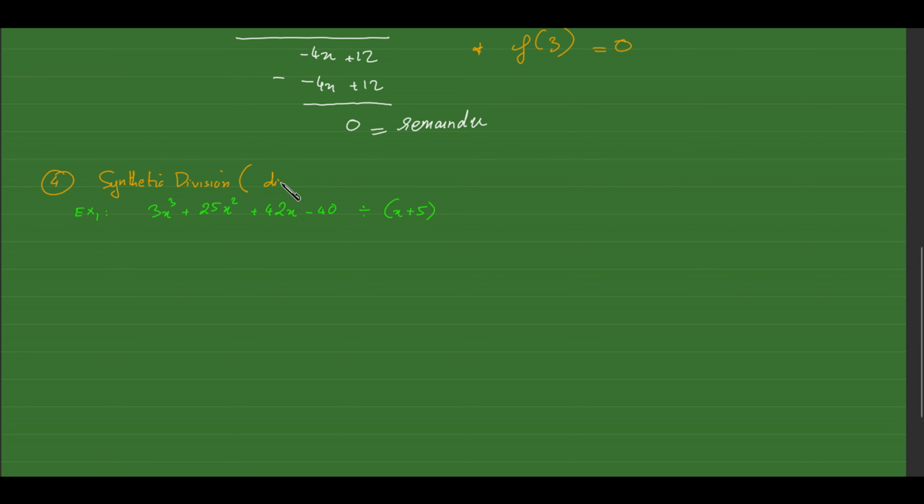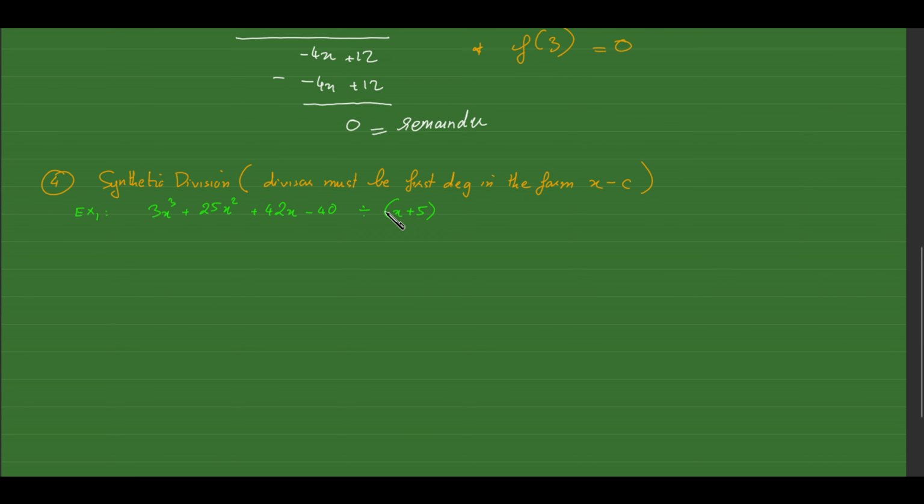So the divisor must be first degree in the form x minus c. You see that it's in the form over here. The c over here is minus 5, so minus becomes plus right here.